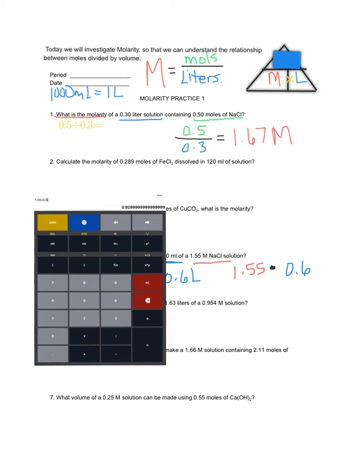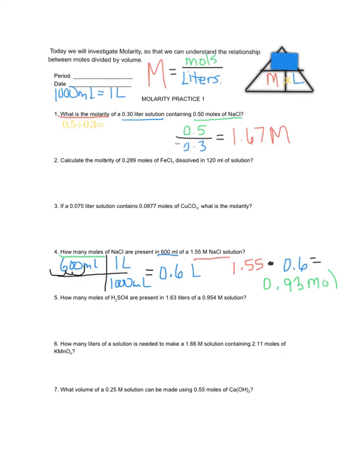I plugged those numbers into my calculator and I end up with the answer 0.929999. We're rounding to the nearest hundredth. This thousandth, 9, is bigger than 5, which means this 2 is going to go up 1. So our final answer for moles, because that's what we were solving for, is going to be 0.93. And we need to use the units. So our unit is mole. That's what we were solving for.